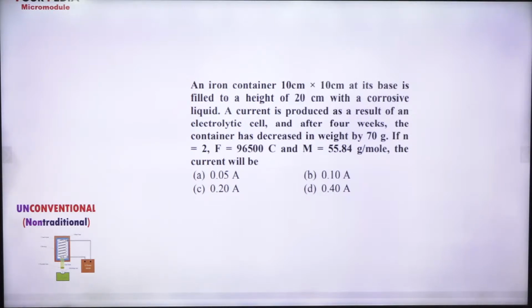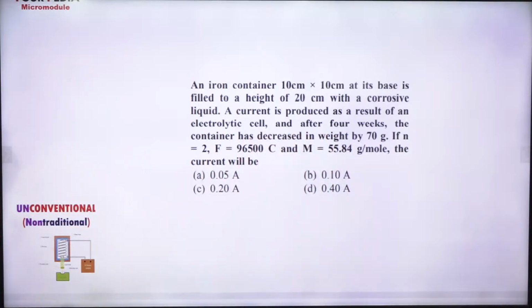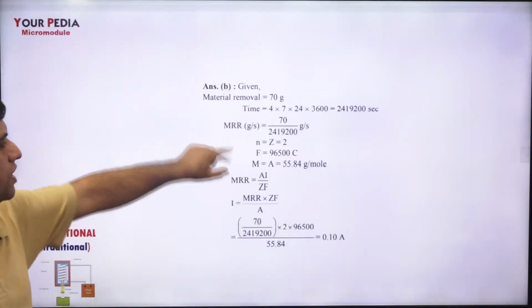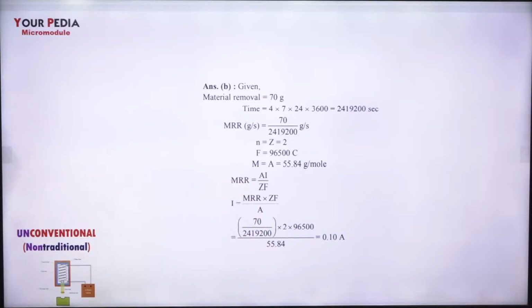We know the formula: material removal rate is AI over ZF. Z is 2, A is the molecular mass 55.84. Current we need to find.